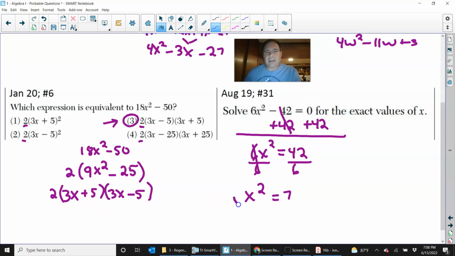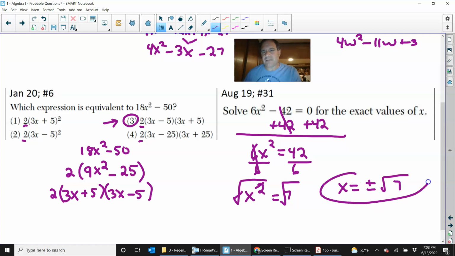The inverse operation of squared is square root, so you square root both sides, and you get x equals plus or minus square root of 7. You stop there. You want the exact values of x. There they are right there.